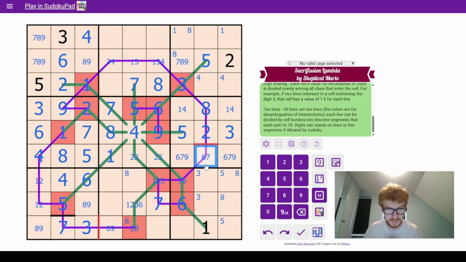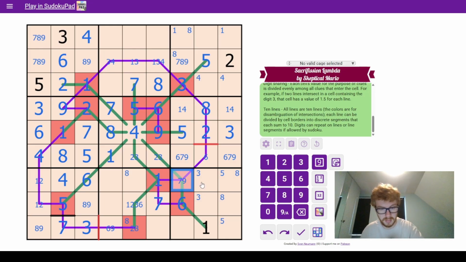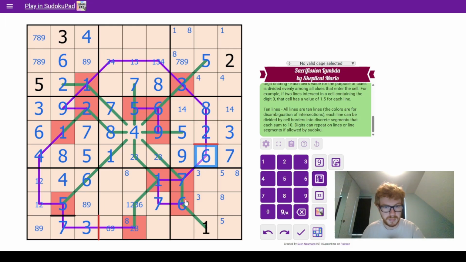If that's a 7, and the minimum of this is already 3.5, so that doesn't work. If that's a 6 with a 7, that's already 9.5, so then that has to be a 1. So we need to minimize, and that's this. Now we know that that's a 9, that is a 7. 7 makes that not be able to be a 7, so that is our 7.